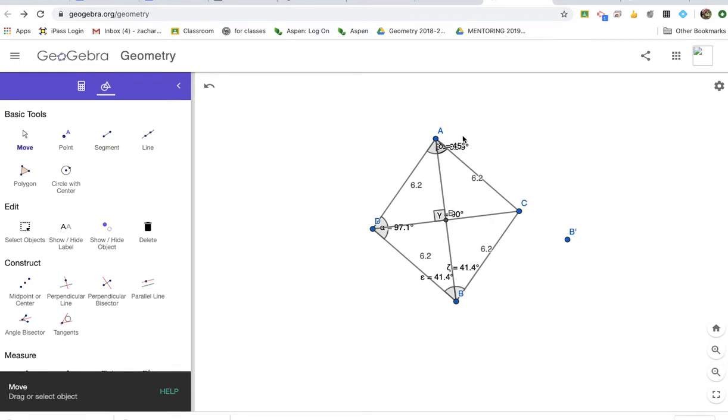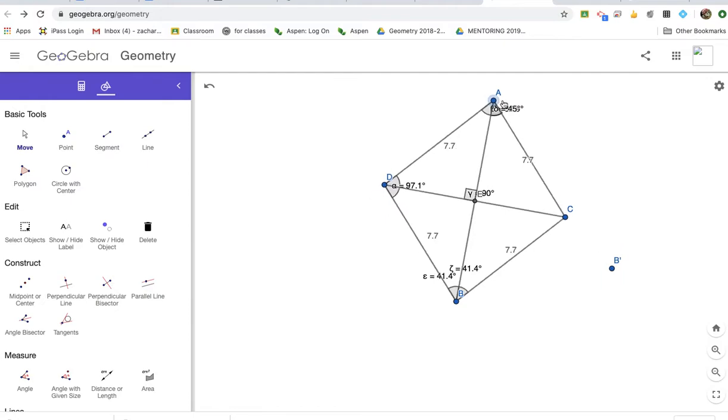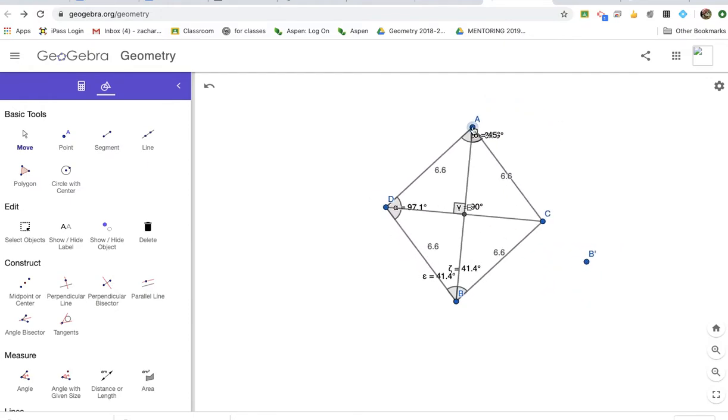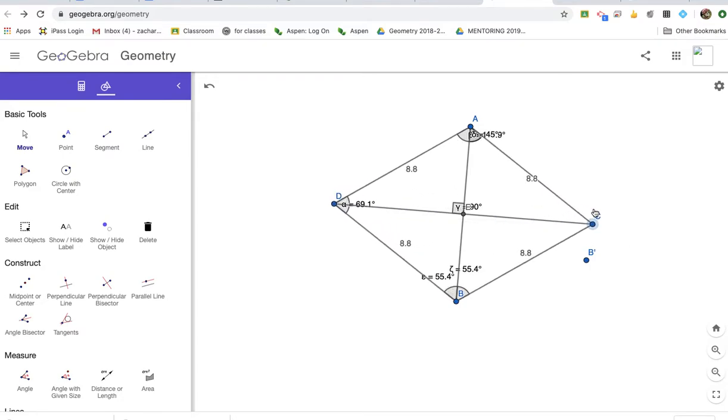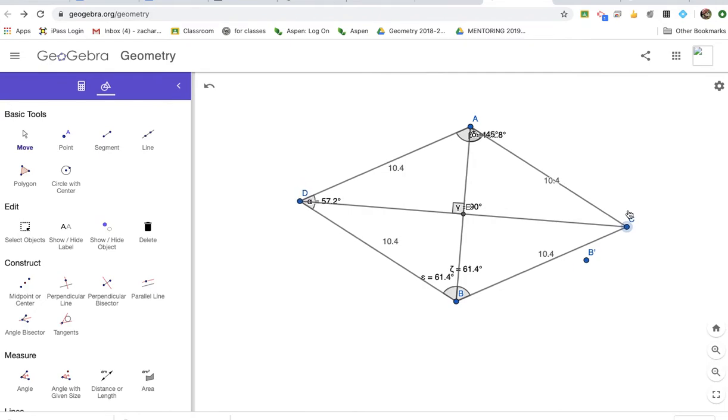If I drag things around, no matter where I put these two sides, these two angles are congruent.